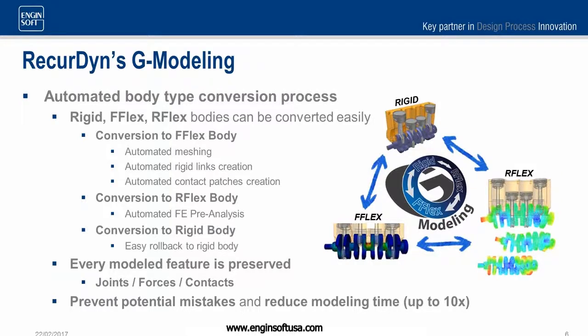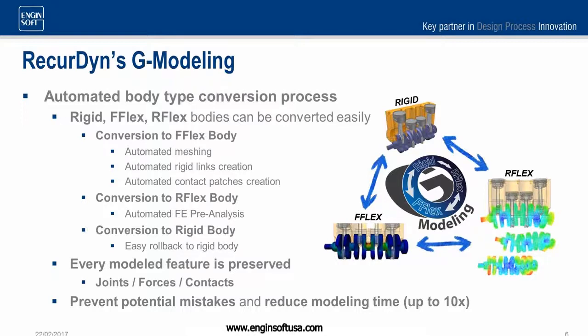This tool allows the automation of the process needed for converting a body from a rigid body to a full flex body, or to a reduced flex body. This is possible in particular with the automation of all the tasks listed here: meshing operations, contact creation, finite element pre-analysis in the case of the RFlex bodies, and of course the conversion back to the rigid body version.